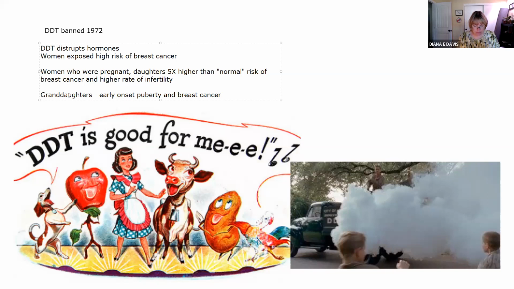So if we just look in general at people exposed to DDT and their offspring, daughters and sons, we see higher rates of obesity compared to people the same age, same socioeconomic status, not exposed.